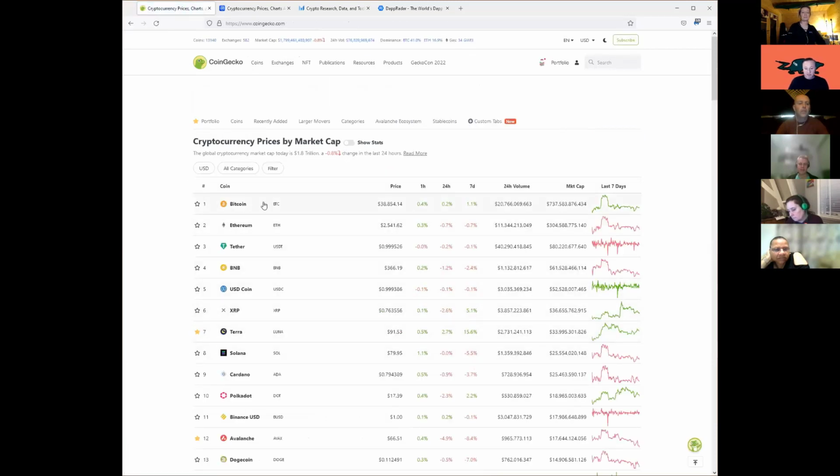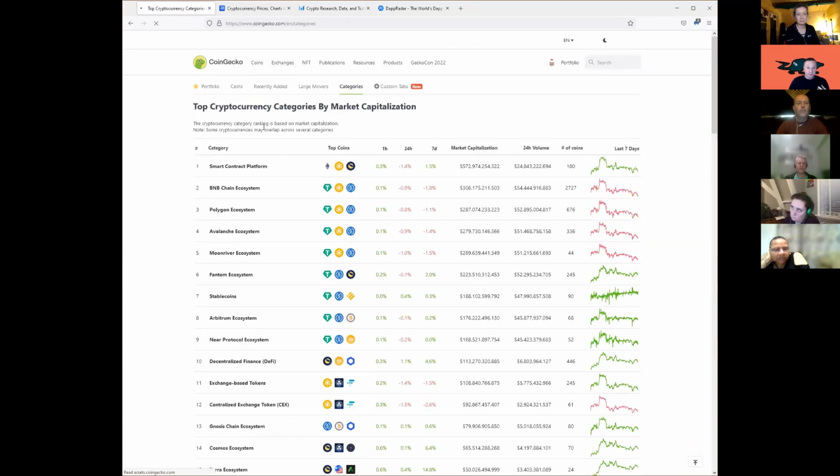The other ones that I'll briefly go through, where I was talking about the coin section, you've got recently added coins. So there'll be new coins that are added into CoinGecko, tend to be smaller cap coins. You'll have different categories. So clicking on categories, you can look at all the tokens related to a specific ecosystem.